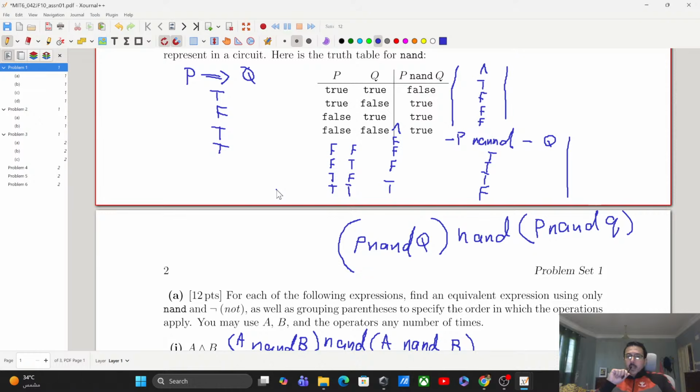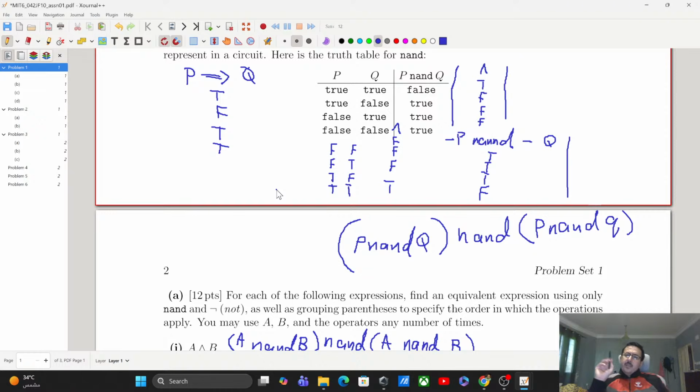TFTT. I need the TFTT. And I cannot use anything but the AND and the NOT. So what are we having?